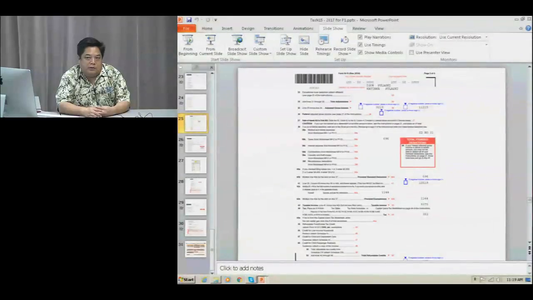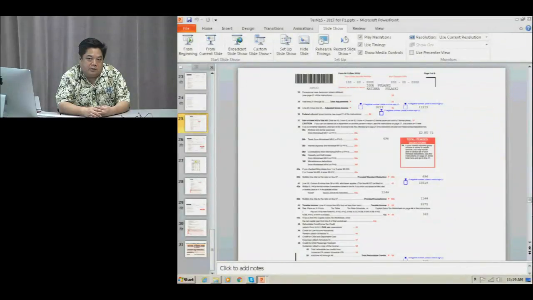Because if they're going to correct it for you, then you cannot file your tax return until they issue you a corrected W-2. Versus you can use your current W-2, but you need to file the numbers and request it by filing the tax return. So there's two ways of doing it.